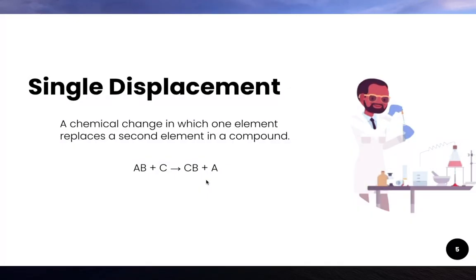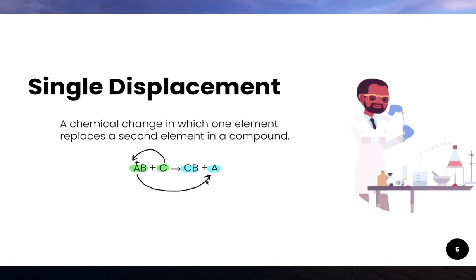This is a single displacement reaction, and you start with one molecule and one lone element, and they react to form a different combination. So what happens in this situation is C replaces A, and A moves out by itself. You're going to have to be able to recognize whether C would replace the cation.